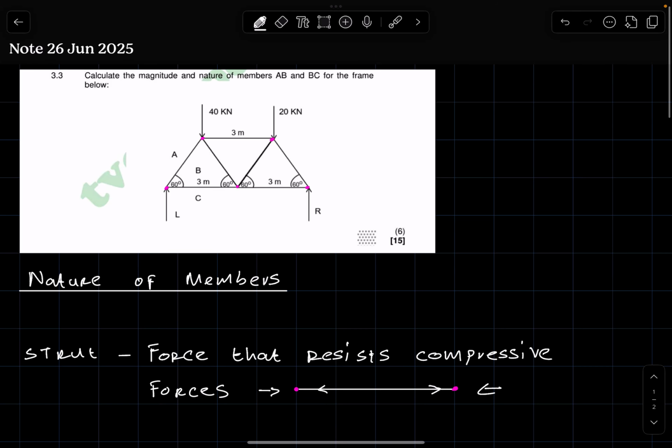Now, just a quick one here. They haven't mentioned that this framework is in equilibrium, which is wrong. They should have told us that this is in equilibrium. But maybe another way you can look at it is that the fact that we even have a framework means that the framework is in equilibrium, because if it wasn't, I'd imagine this would have fallen apart.